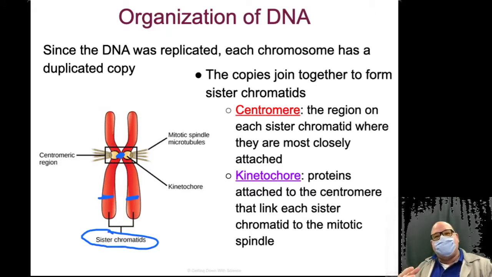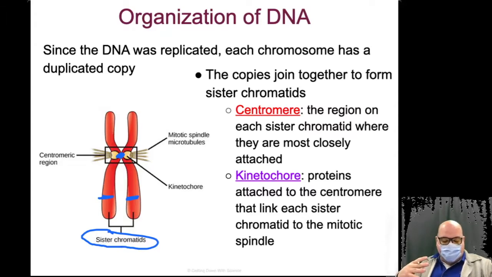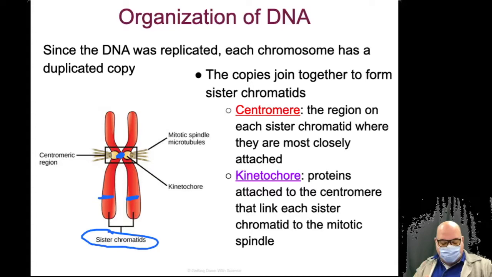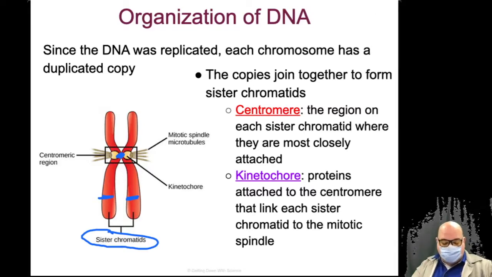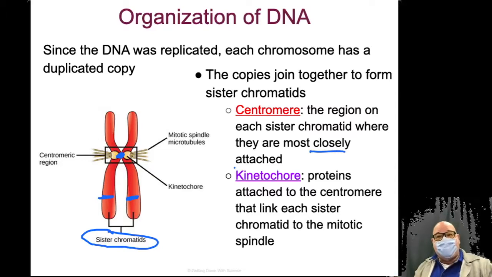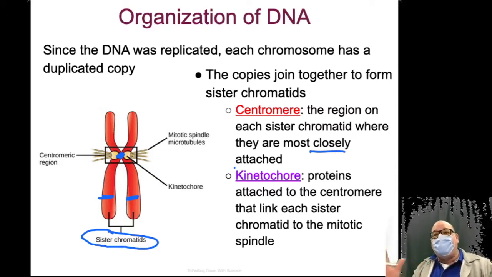They code for particular proteins, and they are held together in the middle by this little centromere. Another C word. Centromere is the spot where they are closely attached. I always think of them as being like a mirror image of each other. Centromere, it's the center of where the mirror image is.